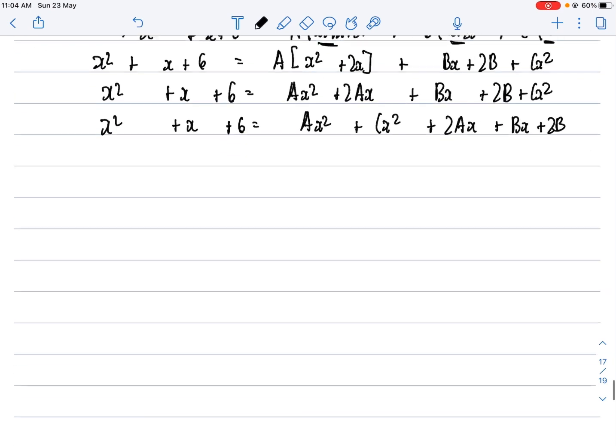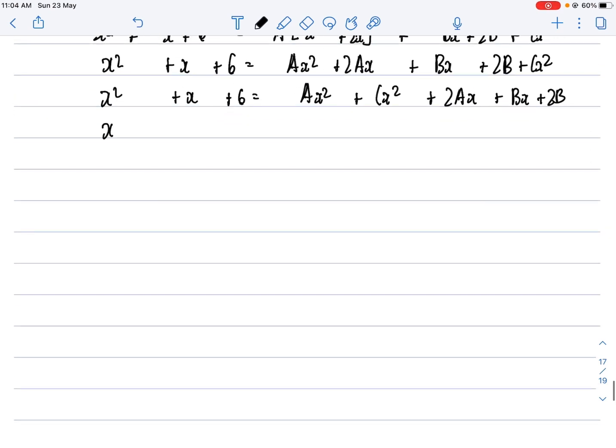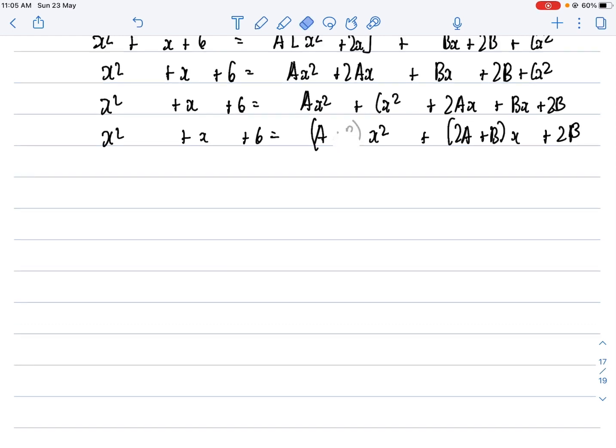So now I can write this as x square plus x plus 6 equals, I can take a plus c here, and x square common, plus 2a plus b here with x common, and 2b here. Agreed? Sorry, this is not b, this is c, my bad.